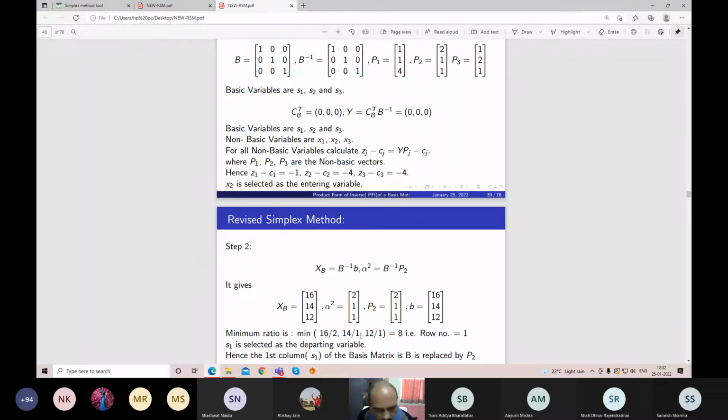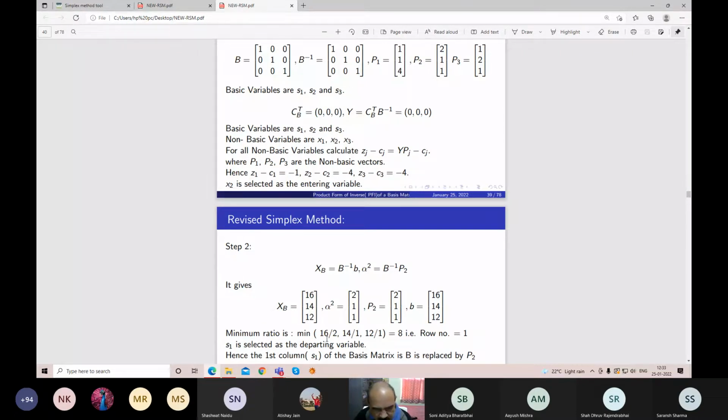Now what we are going to do? We'll find the minimum ratio in this manner. 16 by 2, that is 8. 14 by 1, that is 14. 12 by 1, that is 12. We are finding the minimum positive ratio.